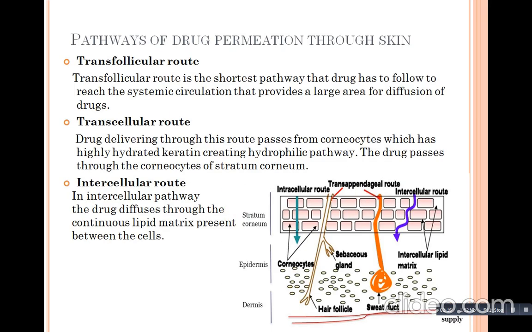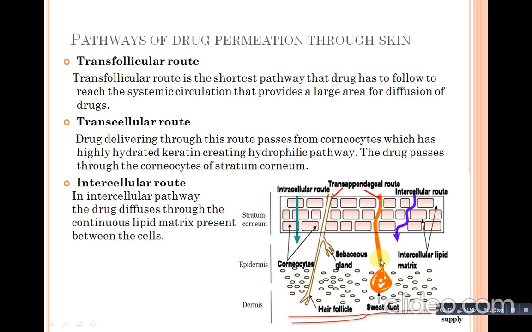Then, various pathways of drug permeation through the skin. Basically there are three pathways. First is the transfollicular route, also called the transappendageal route. Transfollicular route means permeation of drug through the follicles, like hair follicles and sweat ducts.